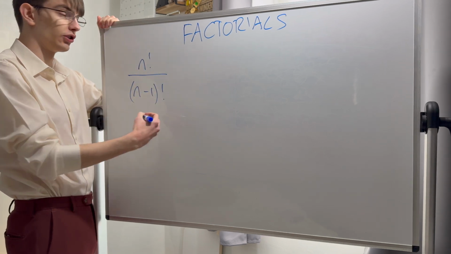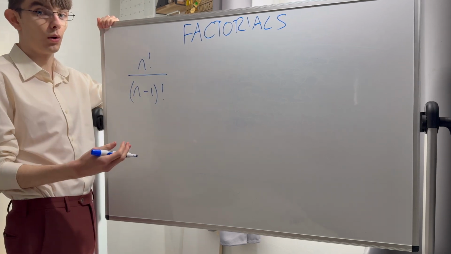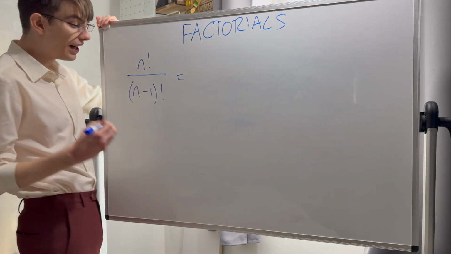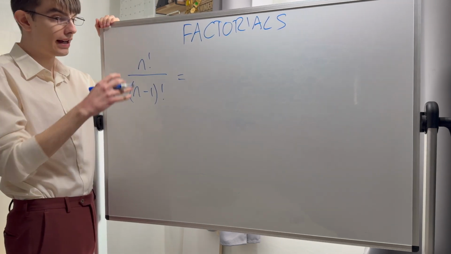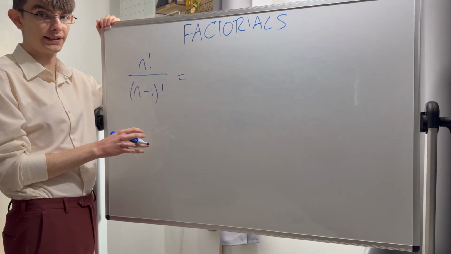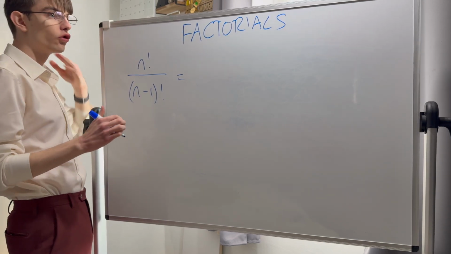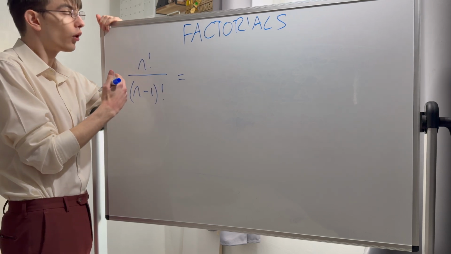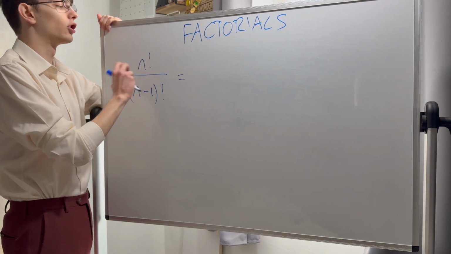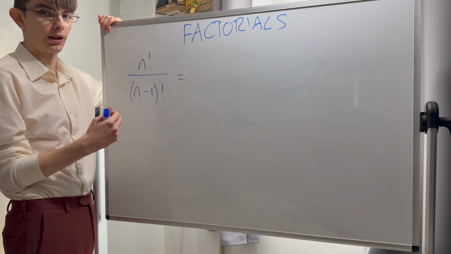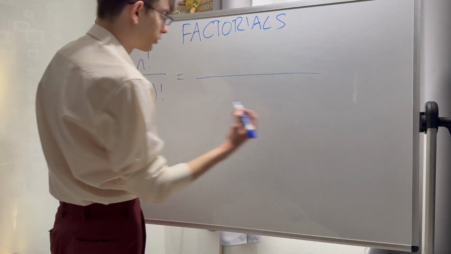Some people try and cancel the exclamation mark, and none of that's going to work. So whenever you have to work with a factorial like this, there's one clear thing we need to do, and that is to write out, not the full expression, that wouldn't be possible, but a generalized version of what's going on.